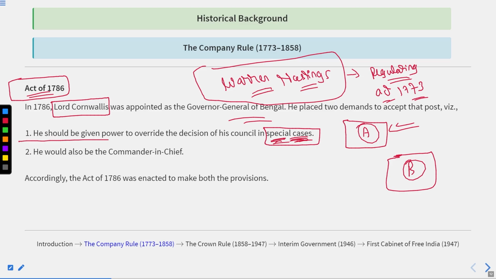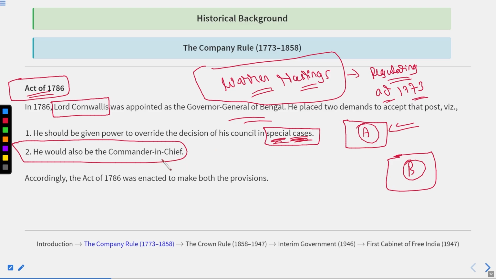Second, that he must be the commander in chief. Basically, what we had discussed is that the civil power was granted to the company and its servants, and the rest of the powers, it means civil administration and the military, were under the control of the British government. Okay.